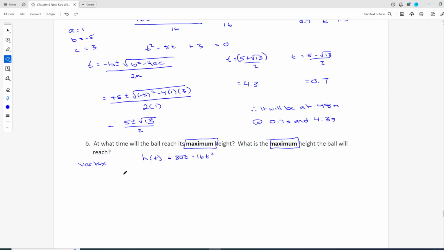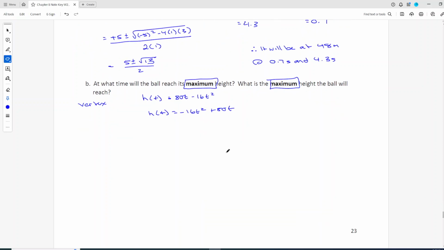We cannot use the square root method. We cannot use the quadratic formula, although we could use completing the square. So it's up to you. You're going to first of all rewrite your equation in the right order, so I'm going to put this as negative 16t squared plus 80t. You could complete the square for this to find the vertex, or you can use the vertex formula. I'll do both just because it's a good reminder.